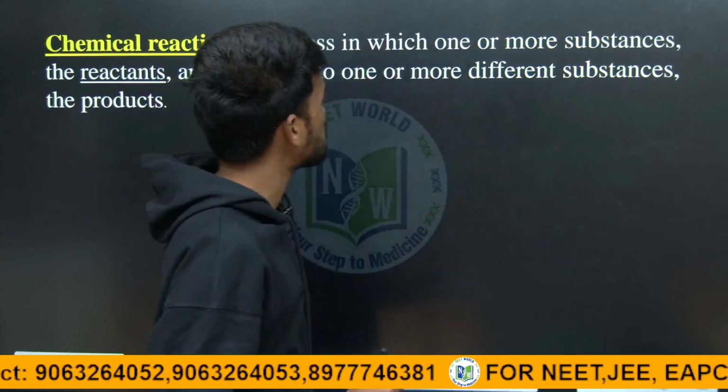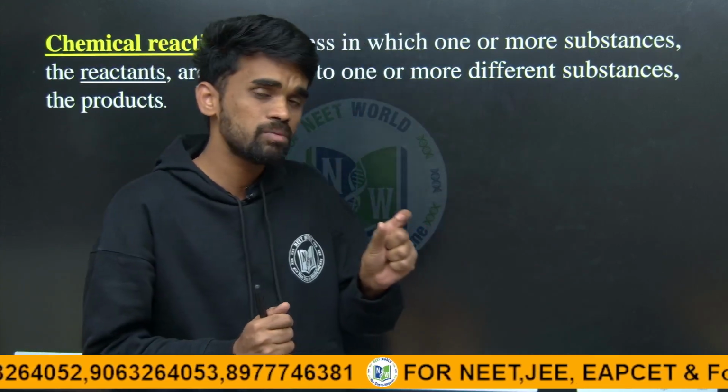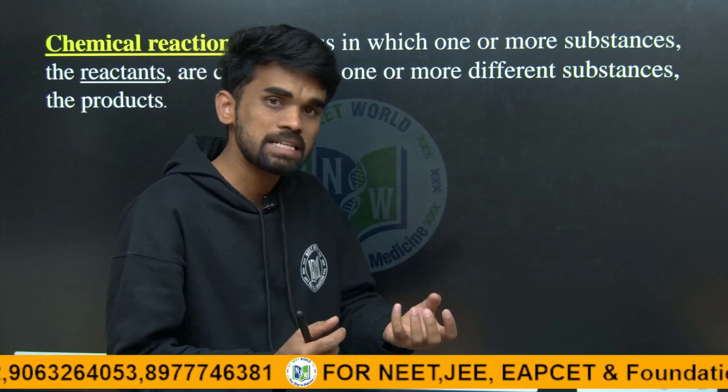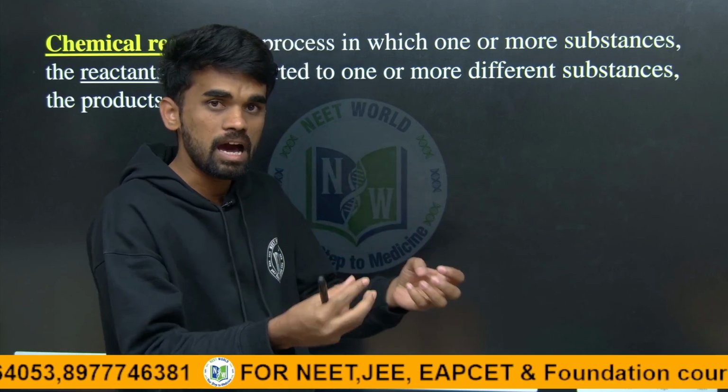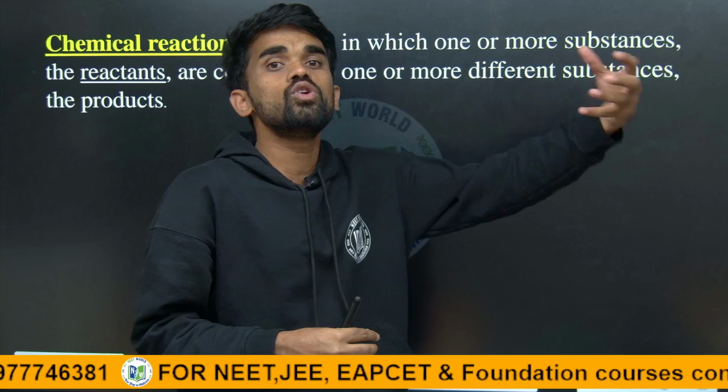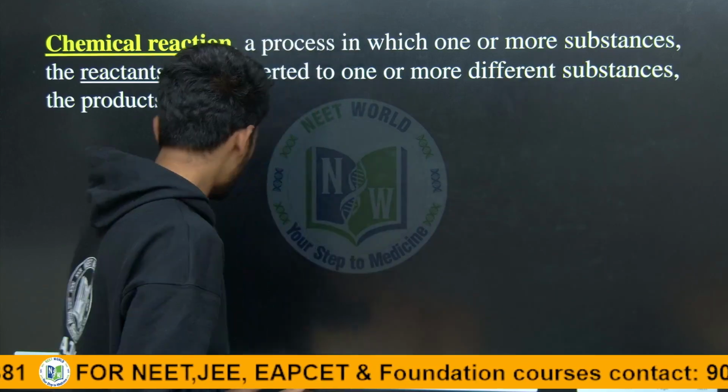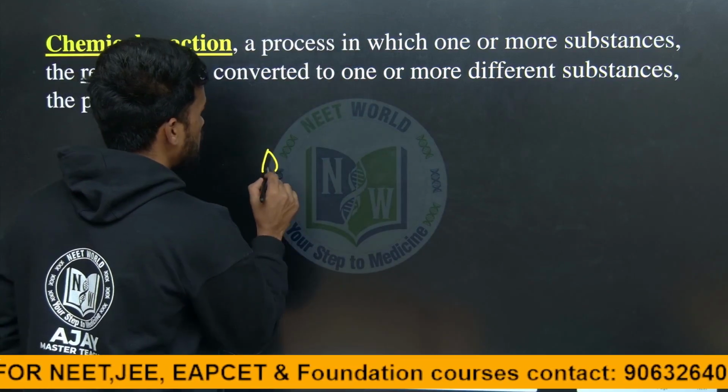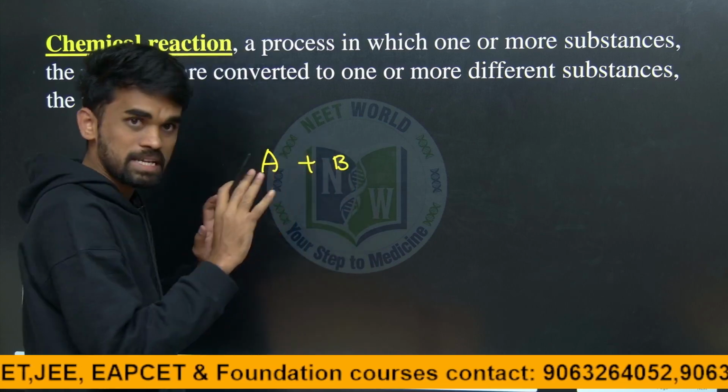A chemical reaction is a process in which one or more chemical substances will combine or react to form some new compounds. Okay. So for example here A and B are two chemical substances, let us consider.